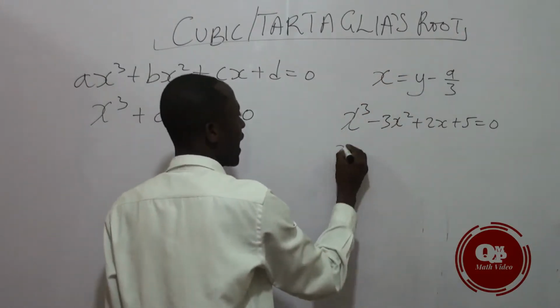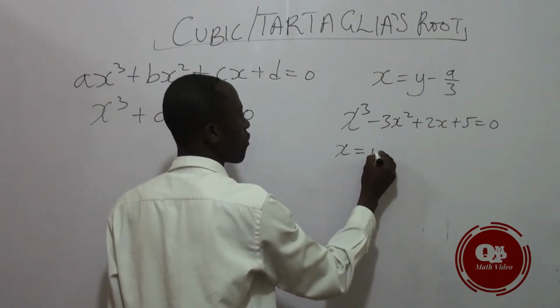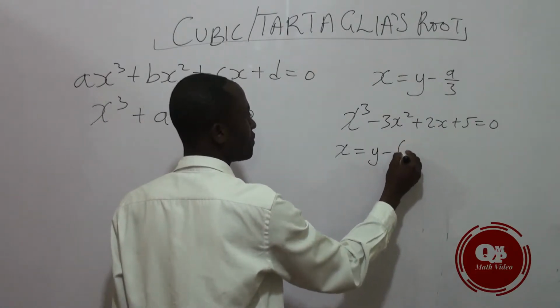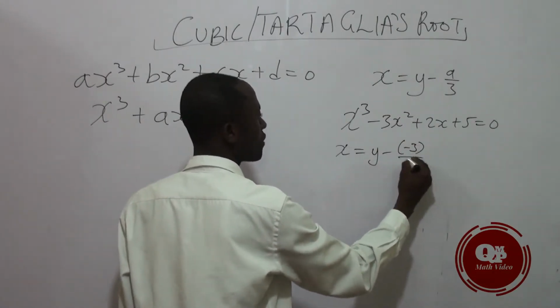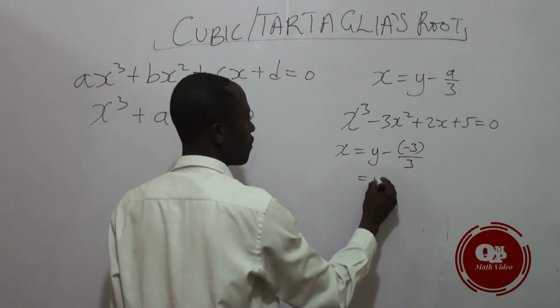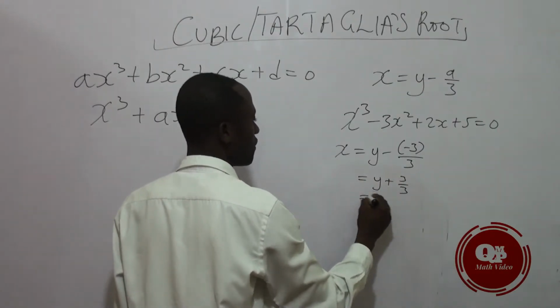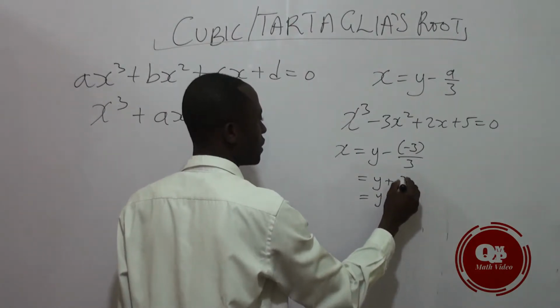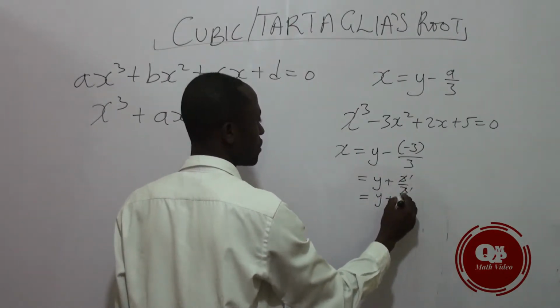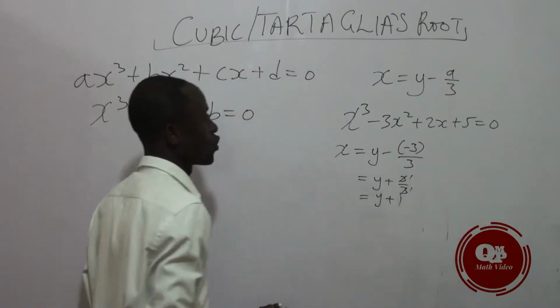That is x is equal to y minus -3 out of 3. So we have y plus 3 out of 3. Therefore, 3 goes into itself 1, so we have y plus 1.